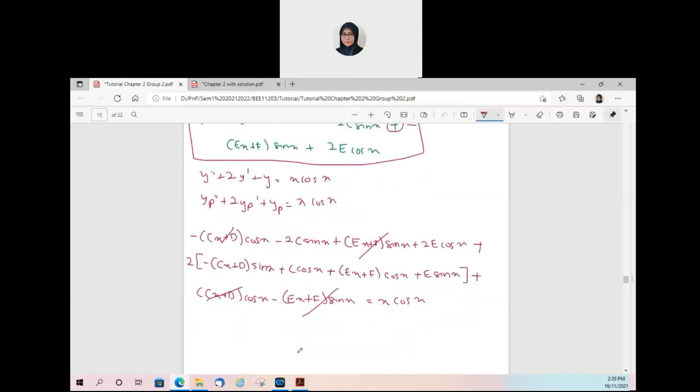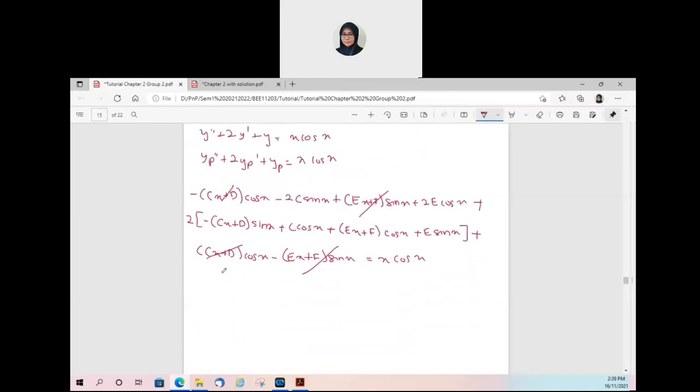So what is left here is minus 2c sin x, plus 2e cos x. You all must write carefully and slowly so you do not make mistakes like I did.